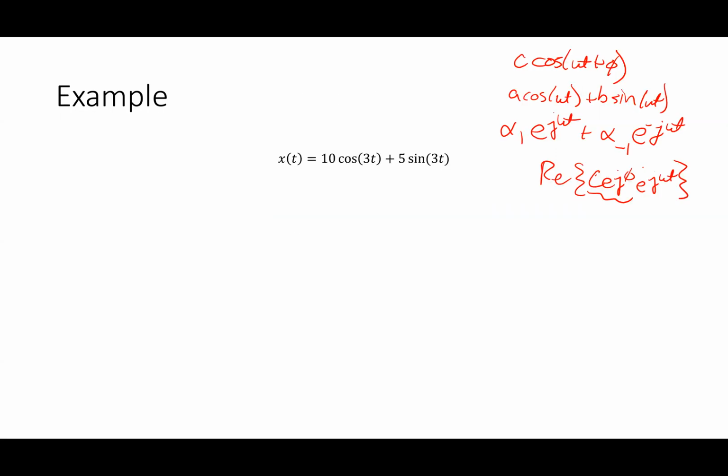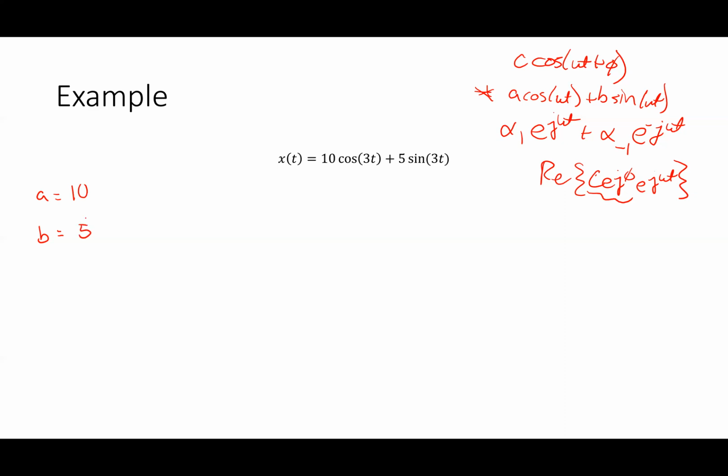So of those three, which one do you recognize there? Second one. All right. So looking at this, it looks like it's in this form. So what is A and what is B? Looks like 10 and 5.